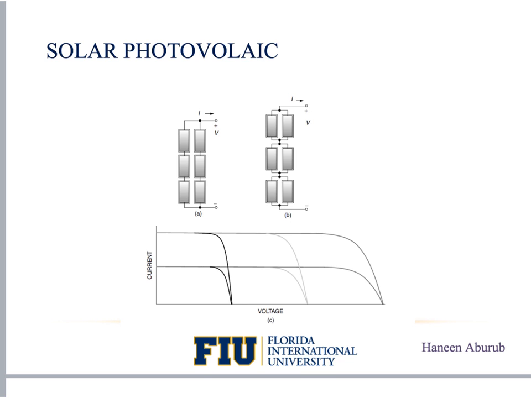Now there are two ways to imagine wiring a series parallel combination of modules. The first one is shown in figure A, where the series modules may be wired as strings, and the strings are wired in parallel.